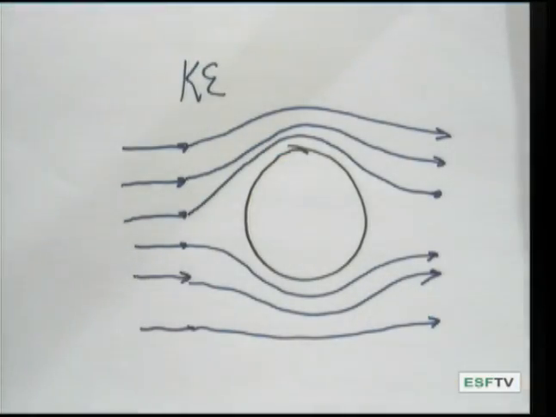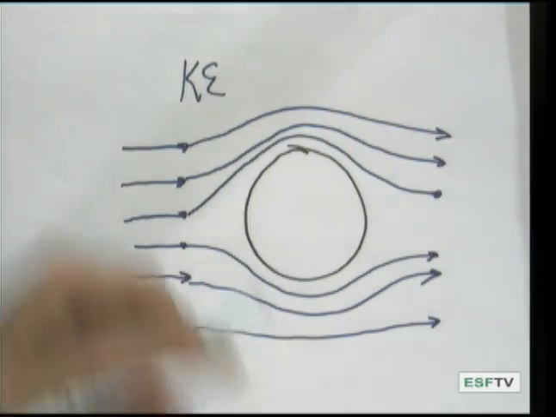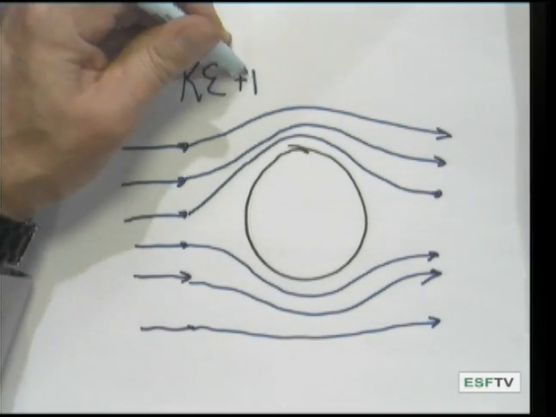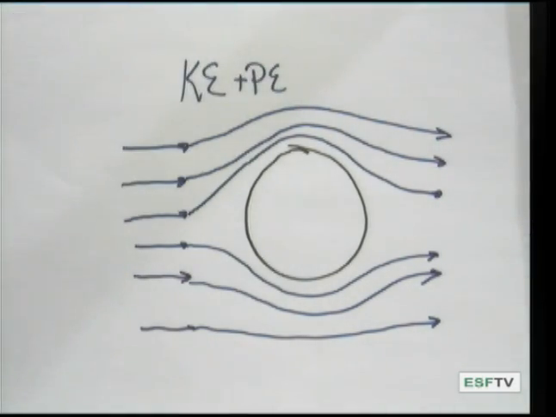Now, by the rule of conservation of energy, the flow of fluid, if it has mass and it has velocity, is going to carry with it a certain degree of kinetic energy. But at the same time, there's pressure driving that fluid, and the pressure is going to come out as a form of potential energy.